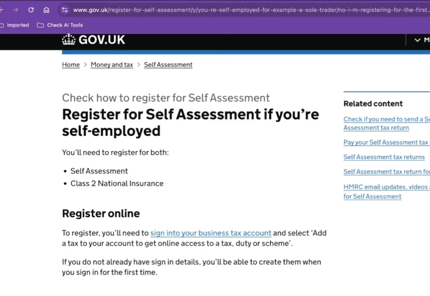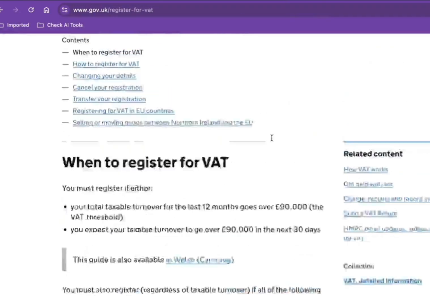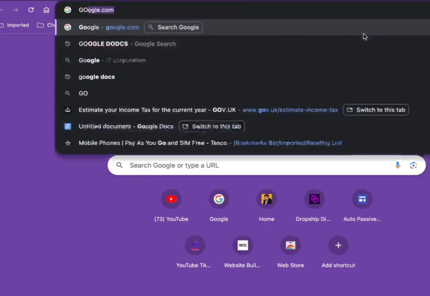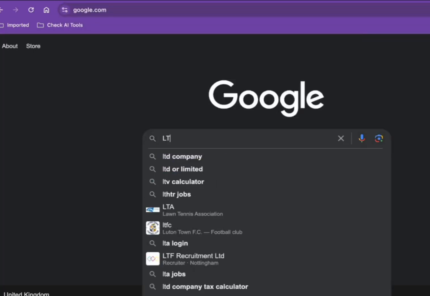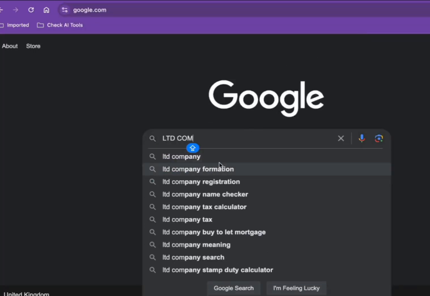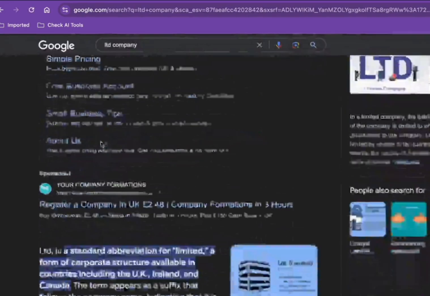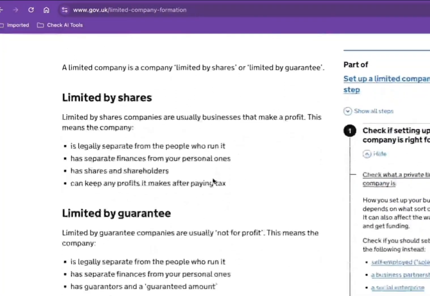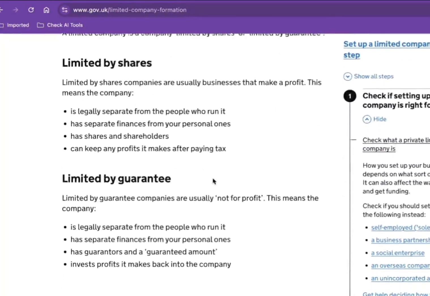But registering a limited company is normally a better idea because you're going to have less liabilities on you. A limited company is normally a separate entity.